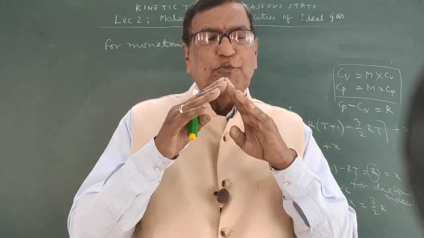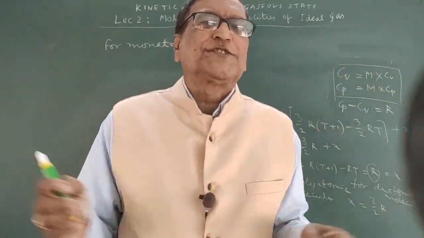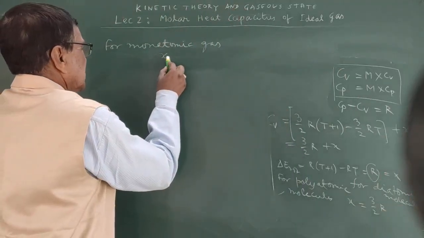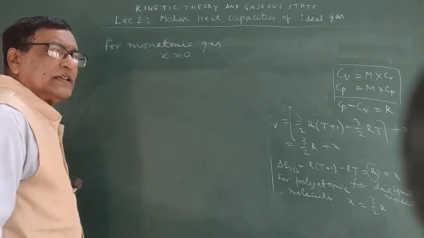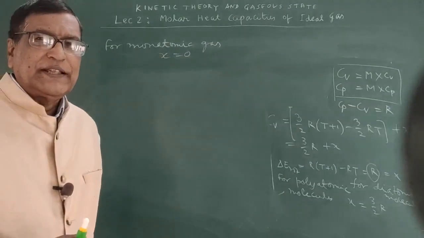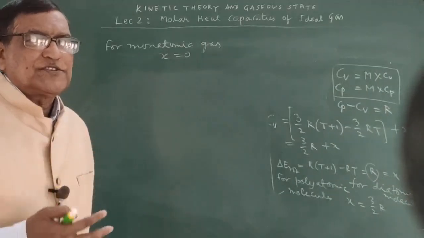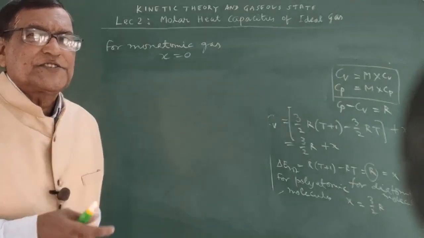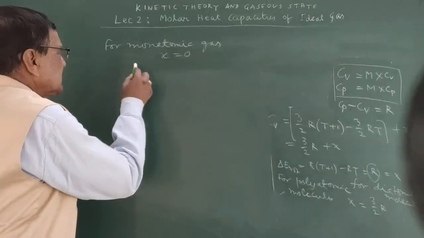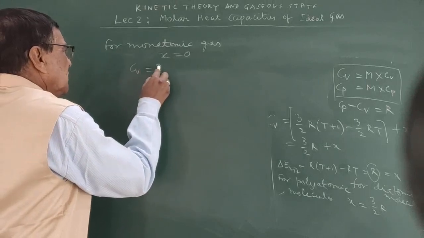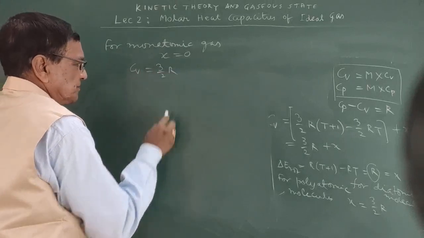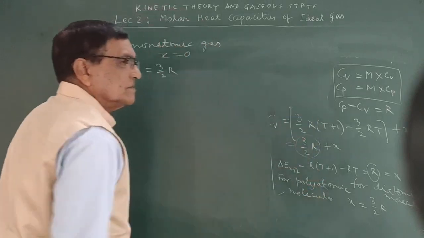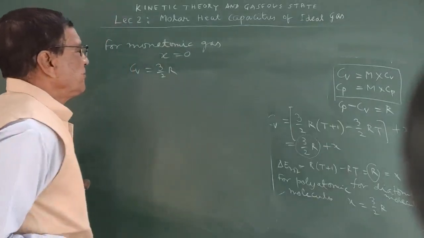In the case of monoatomic gases, X equal to 0: neither rotational motions nor vibrational motions, only translational motions. So in this case, CV equal to 3 by 2 R, and X equal to 0.